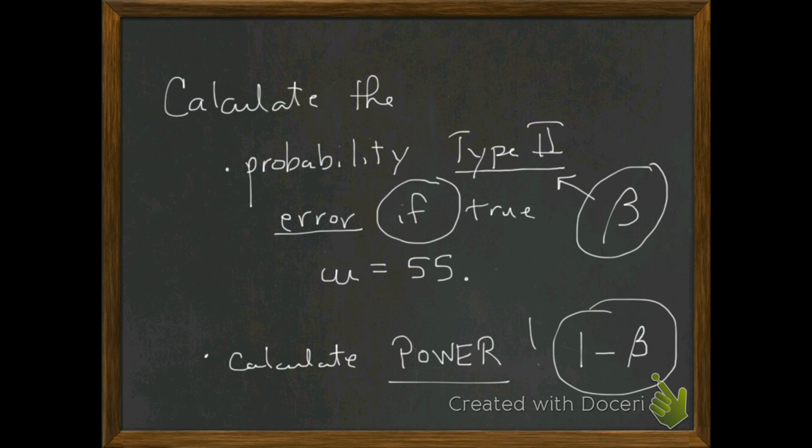Alright, so let's model the problem and let's see exactly what's going on here. Now, what I'll have to remember in setting up this problem is I need to appreciate the sign in the alternative hypothesis and the impact that has on us making our decision.